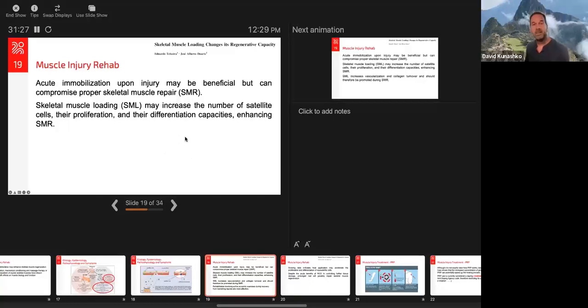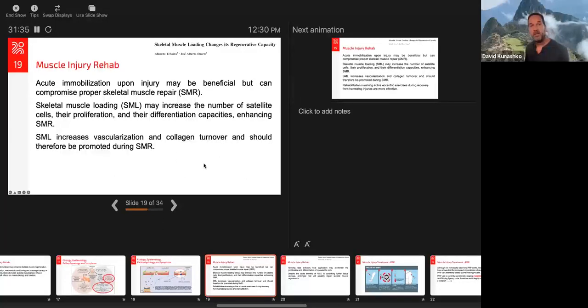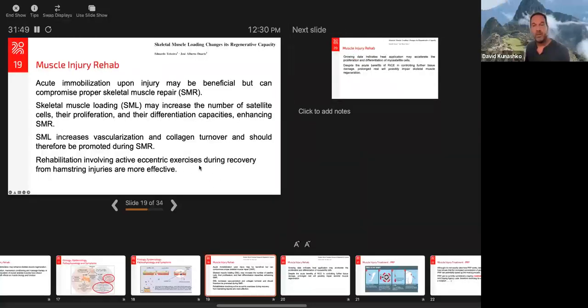Skeletal muscle loading exercises may increase the number of satellite cells, their proliferation, differentiating capacities, and enhance the repair process. It increases vascularization, collagen turnover, and therefore it should be promoted all through the different stages of muscle repair during the rehab process.